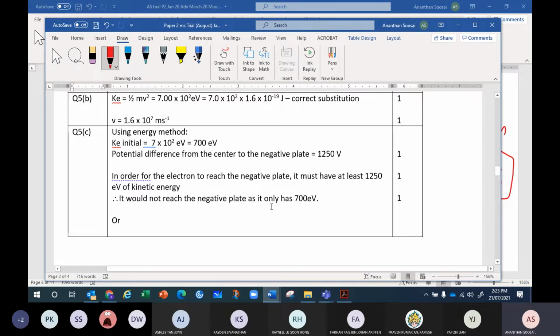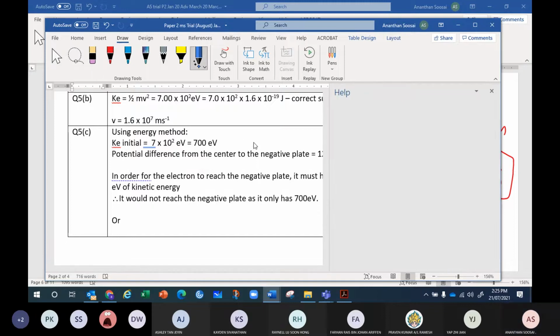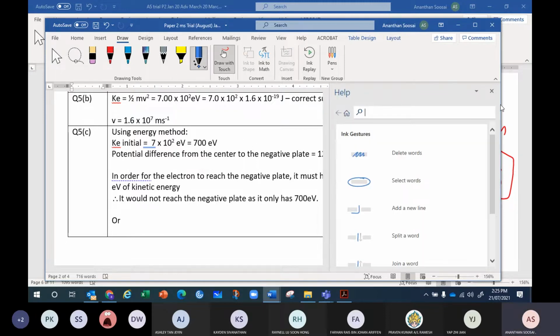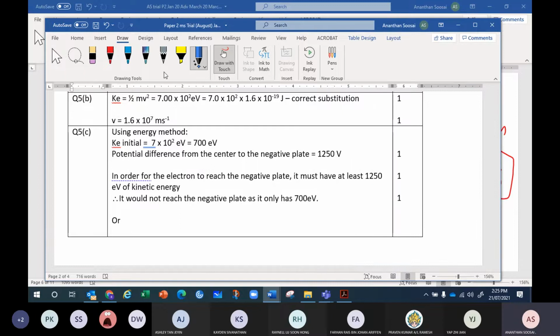It will not reach the negative plate if it only has 700 eV. Up to here you understand, it has a kinetic energy of 700 eV.